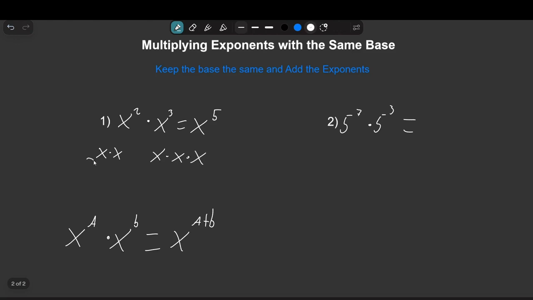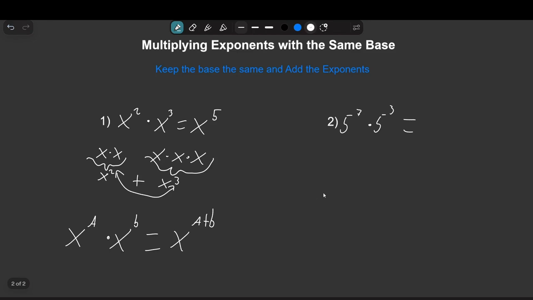So this shows the x squared, and this shows the x cubed. We just add them together like this, and we get our final answer.